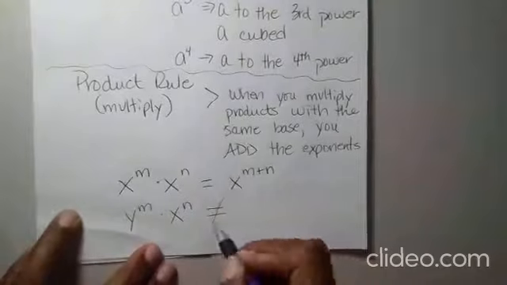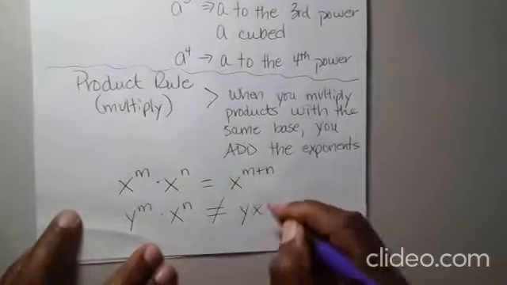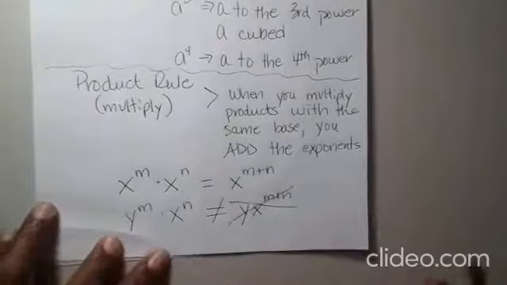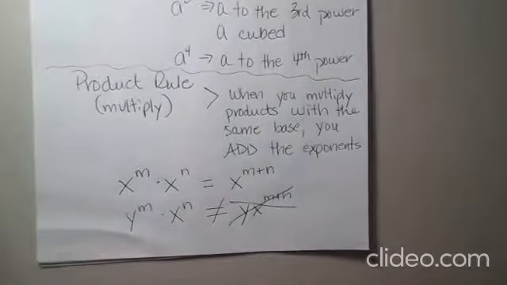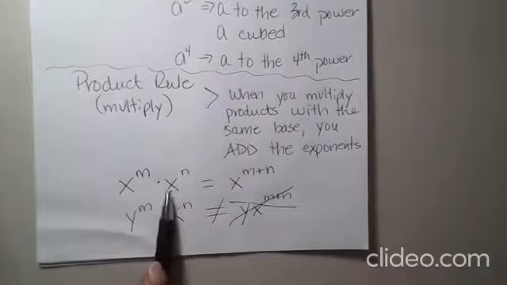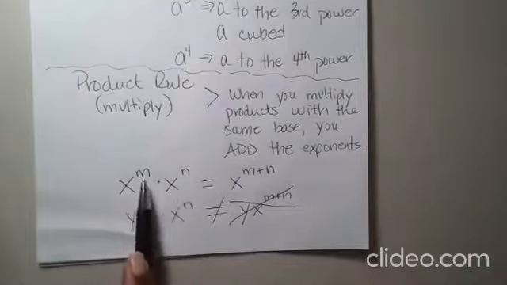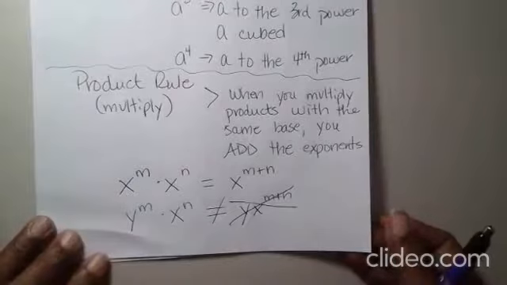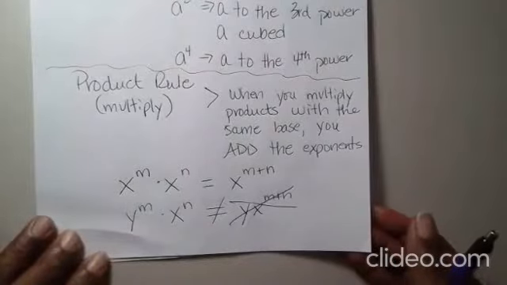You cannot do that. That's not how that works. Okay, you must have the same base. The base here is the x. Then you have the exponents. You add the exponents. That is what the product rule is called.